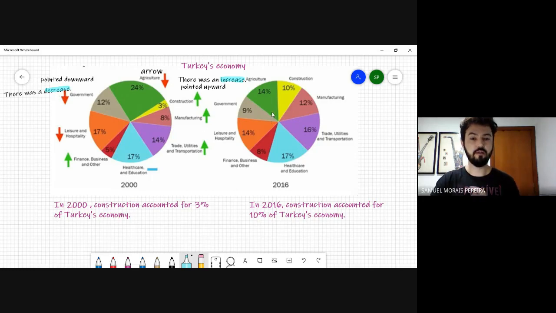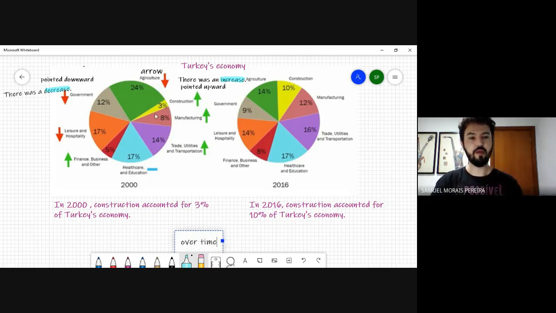Tá vendo? Ó? Vou falar de novo. The agriculture sector accounted for 24% of Turkey's economy in 2000. Then in 2016, it accounted for just 14%. So we can notice that there was a decrease over time. Over time quer dizer com o passar dos anos, ó.